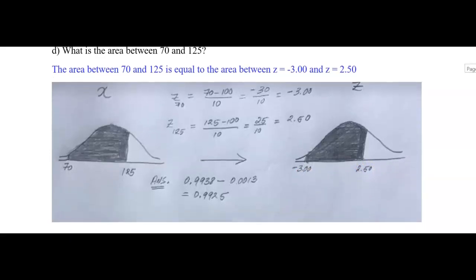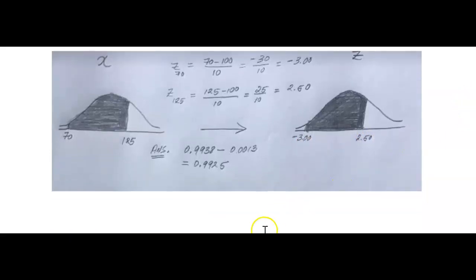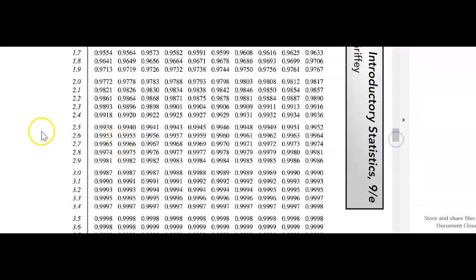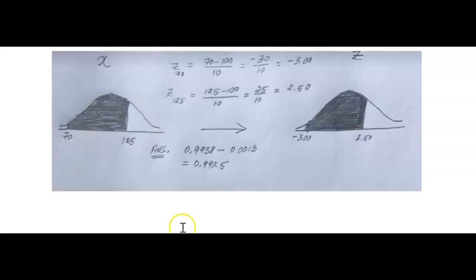So how do we find the area between the two of them? Find the area for 2.50. Go into table 2 and find the area for 2.50. That's this number here, the area to the left side: 0.9938. That is the area to the left of 2.50.